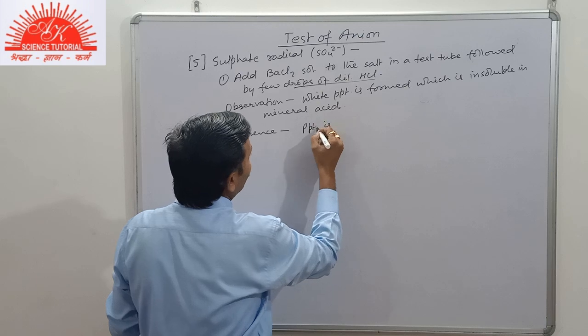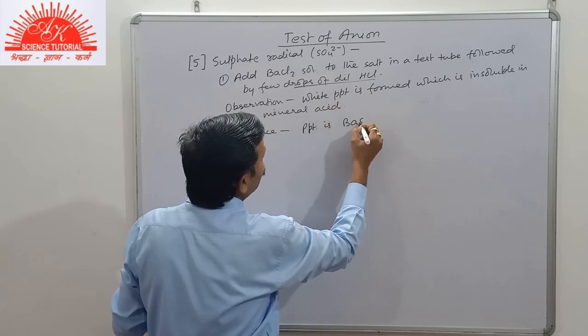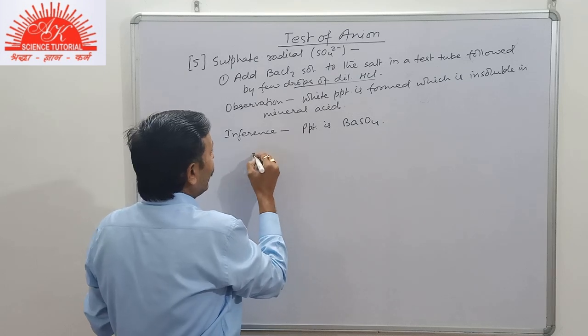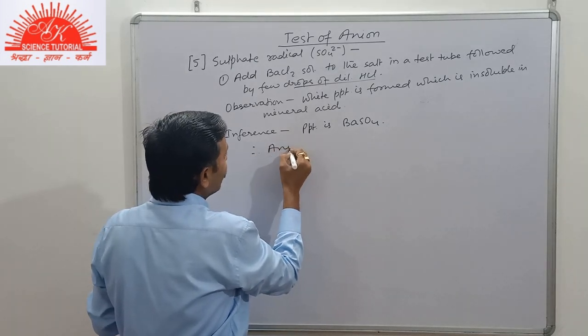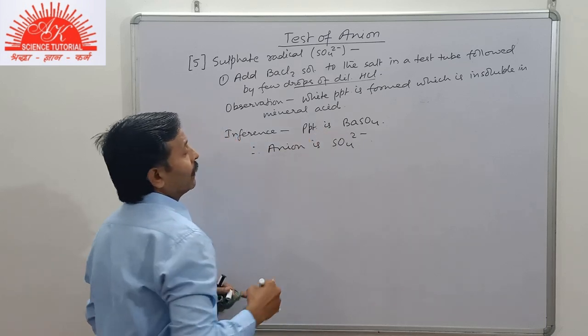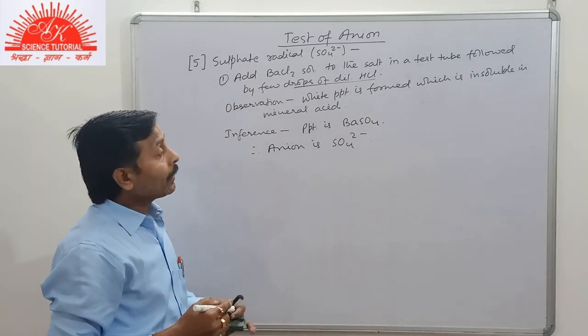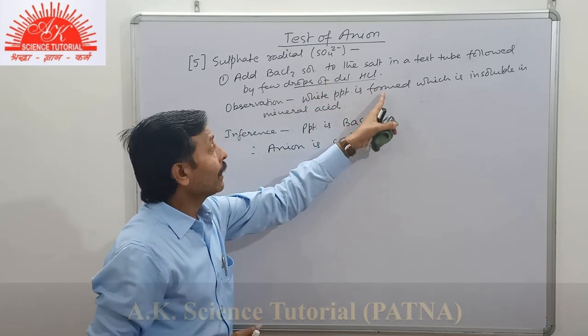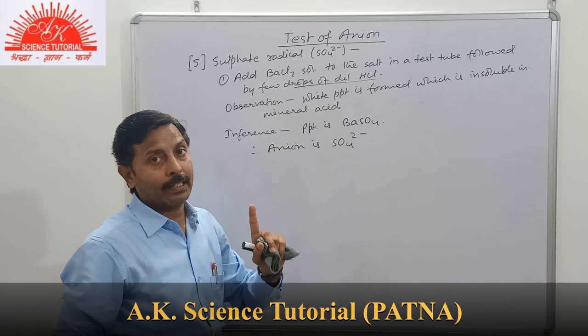Precipitate is BaSO4. Hence the anion is SO4 2-. But if the white precipitate is formed and it dissolves in this case, there will be sulfite ion.